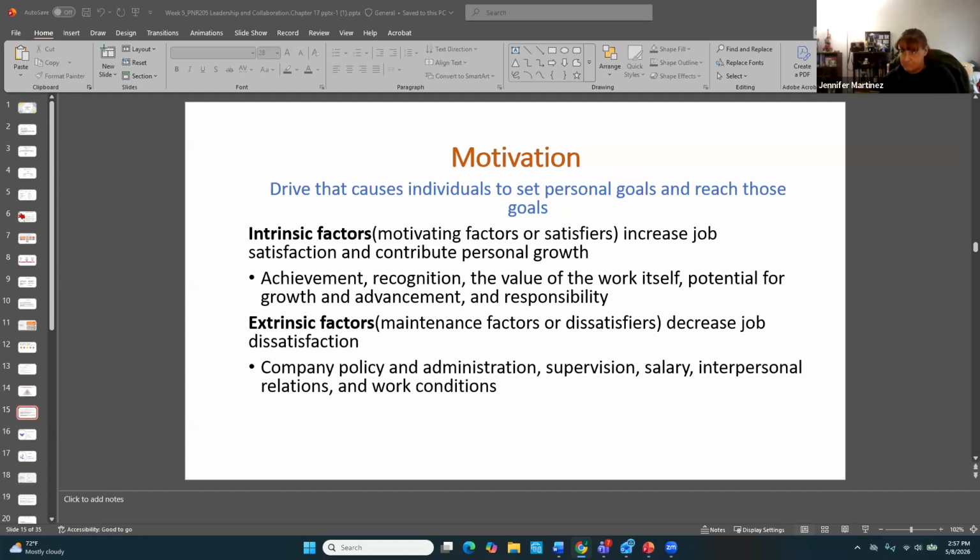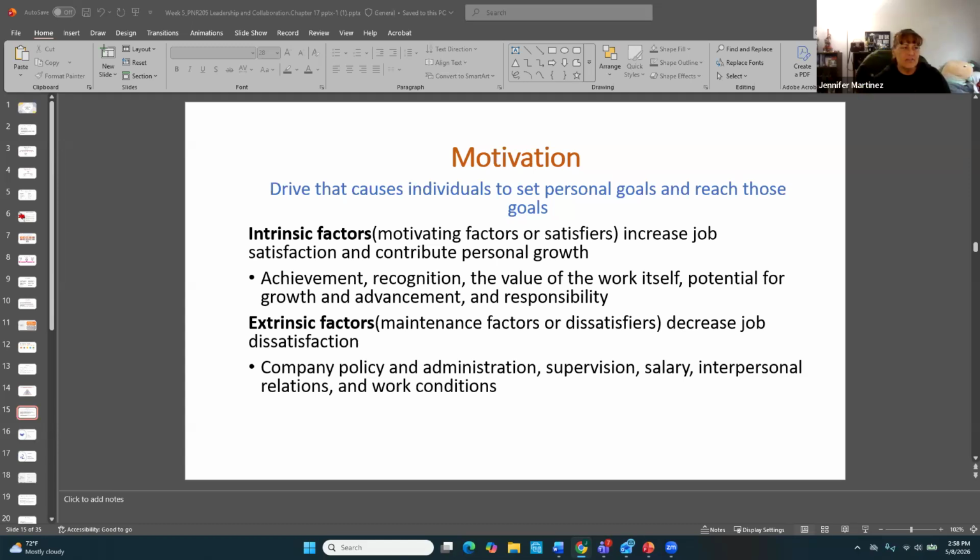So the motivation drives come from within an individual, and that is intrinsic. Those are motivating factors or satisfiers. Intrinsic satisfiers are things that increase job satisfaction and contribute to your personal growth.